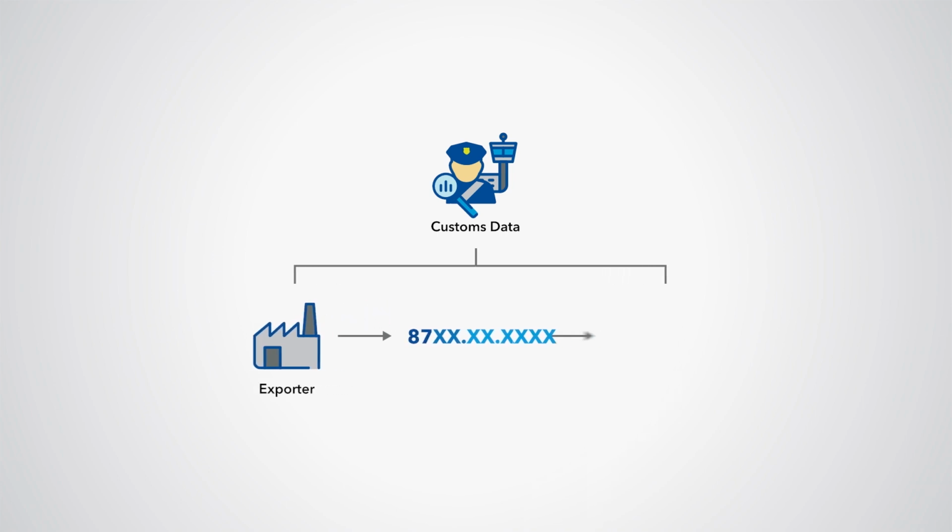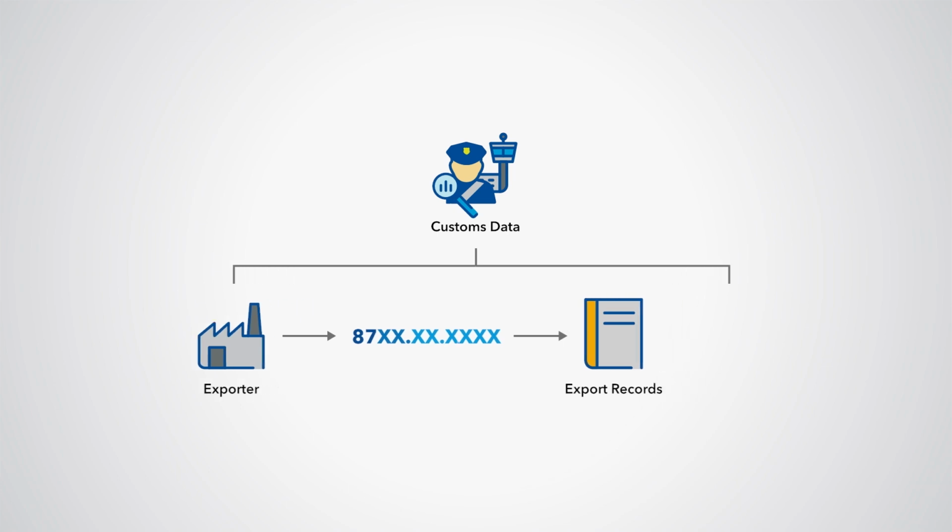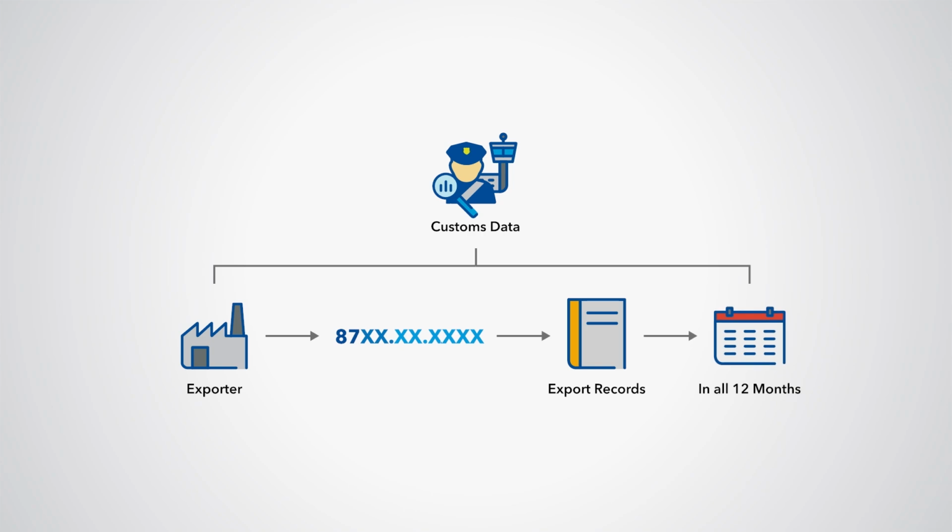We would need to aggregate all the export records of all HS classifications within Chapter 87 in all 12 months by business. If the customs system is not designed to allow easy aggregation of these records by business, it would be challenging to execute this approach for selecting a sample.